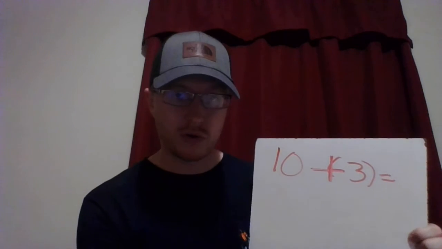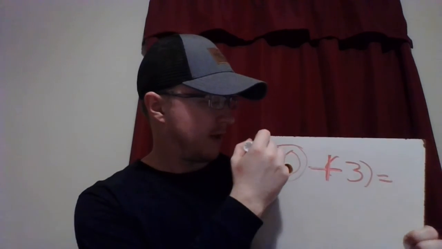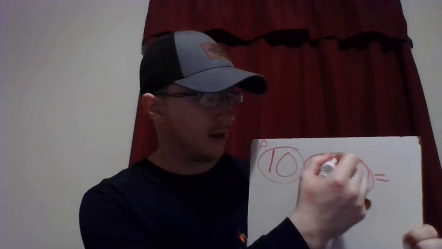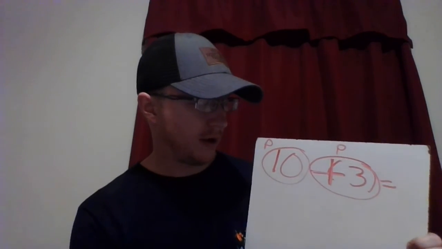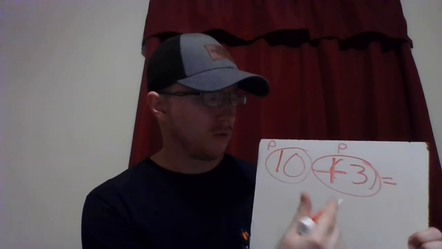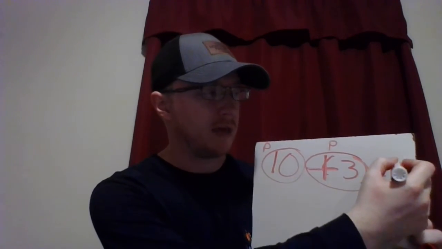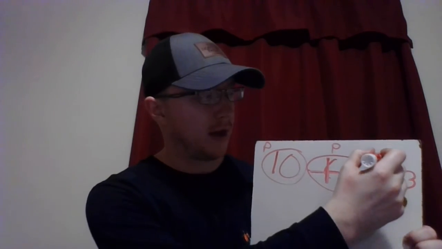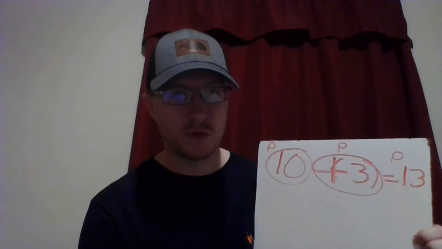So now, if I circle my numbers, I have a positive 10, and I also have a positive 3. So 10 plus 3, same sign. So we're going to add, and we're going to keep our sign. So 13, and since these are both positive, my answer is positive.